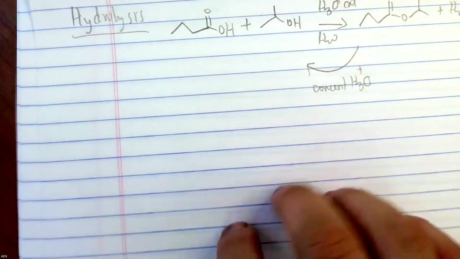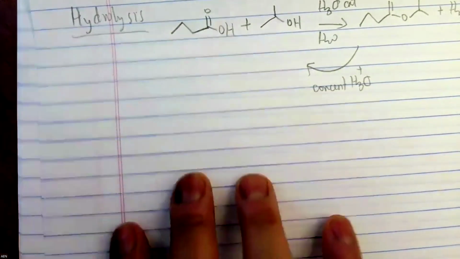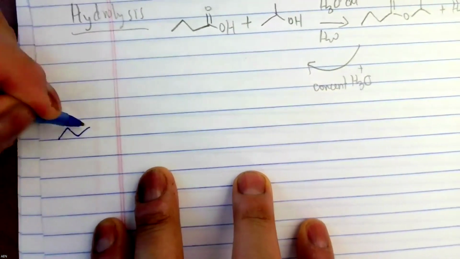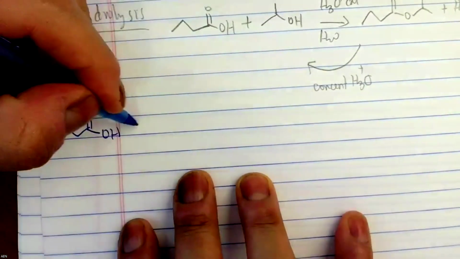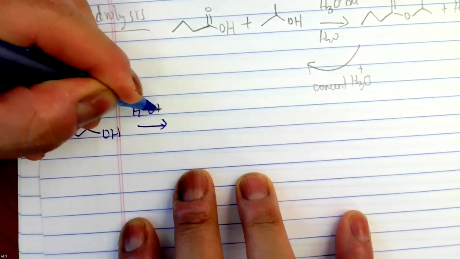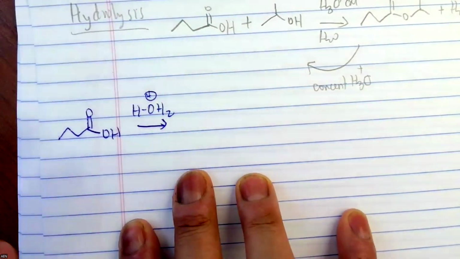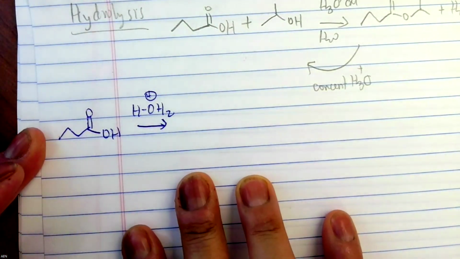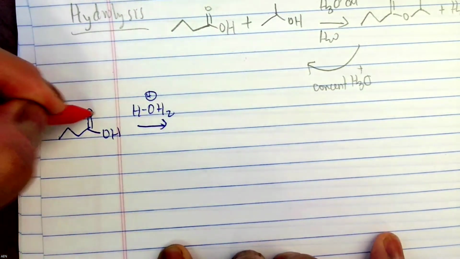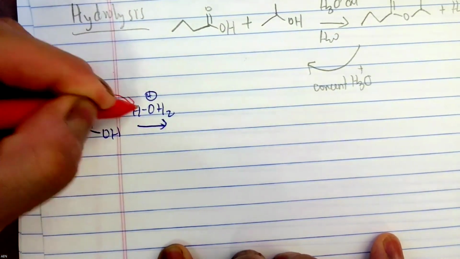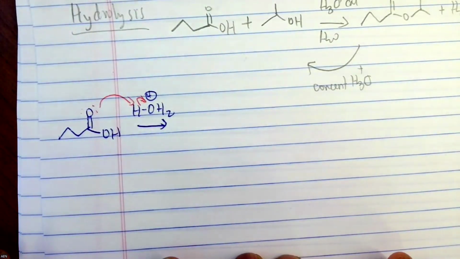Okay, so let's do the esterification. The carboxylic acid is exposed to H3O plus. Remember what happened in the previous chapter 19? We had to protonate, right? The protonation occurs at this C double O. The C double O gets protonated.